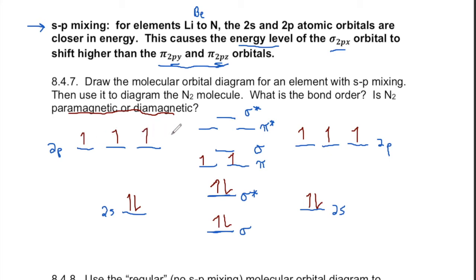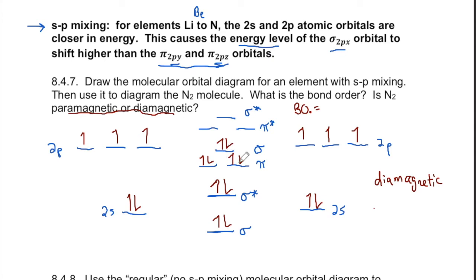That's what we've been doing in the electron diagrams, and we're going to do this in the molecular orbital diagram as well. So 1 and then 2, and then 3, and then 4, and then 5, and then 6. So all of these electrons end up paired up. That means it is diamagnetic. It will not be attracted to a magnet.